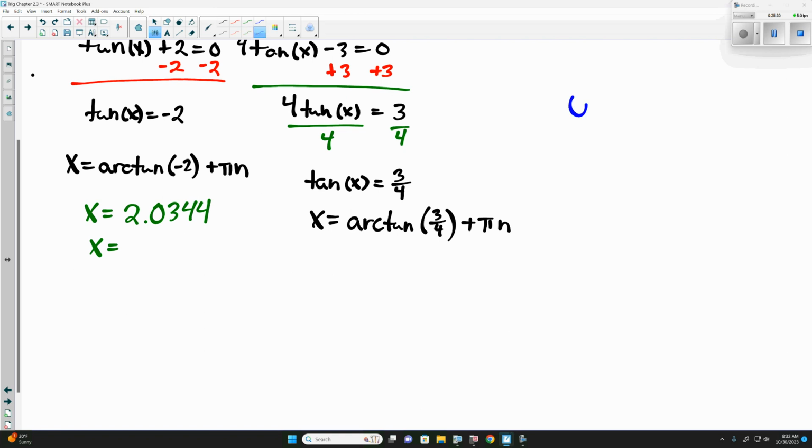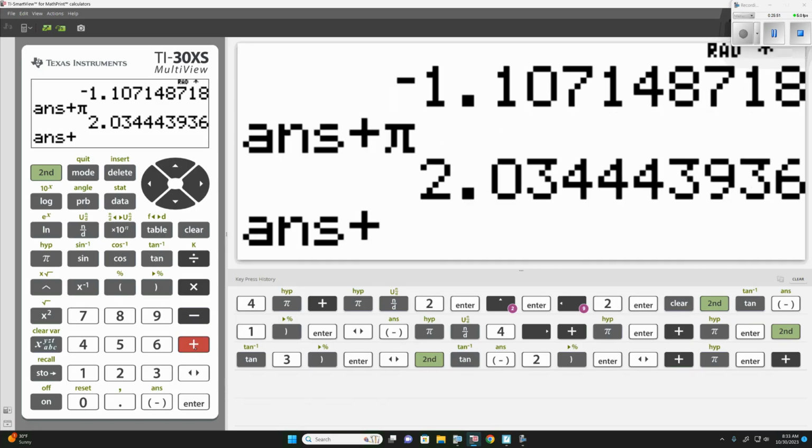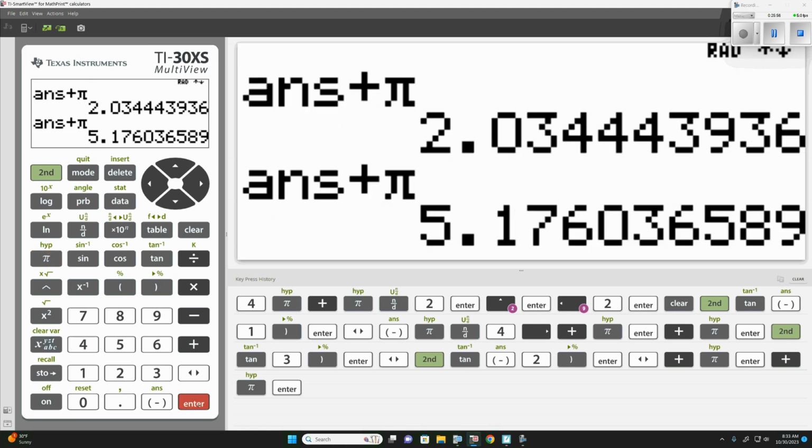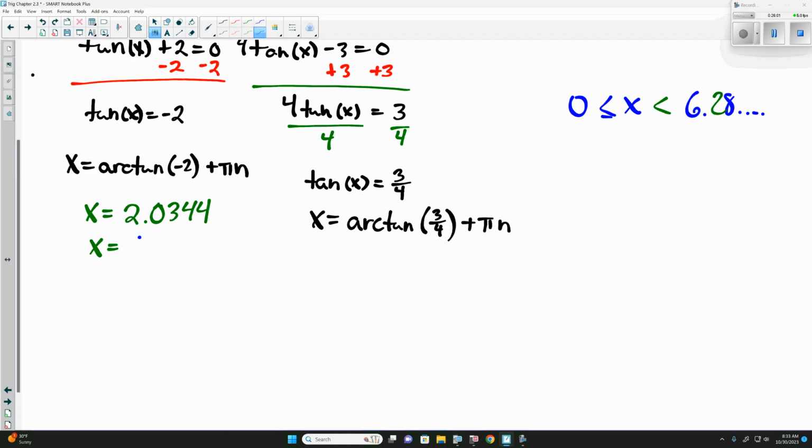I'm going to write this over here as a side note. 0 to 2 pi, just kind of as a reference point, as a decimal would be 6.28, going on. So we have this here. Now I could add pi to it again, because it repeats every pi units. 5.176 is also between 0 and 2 pi.